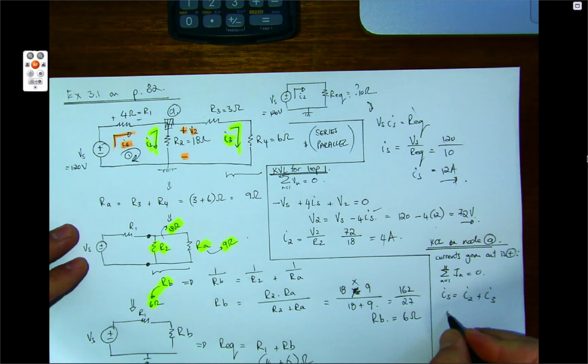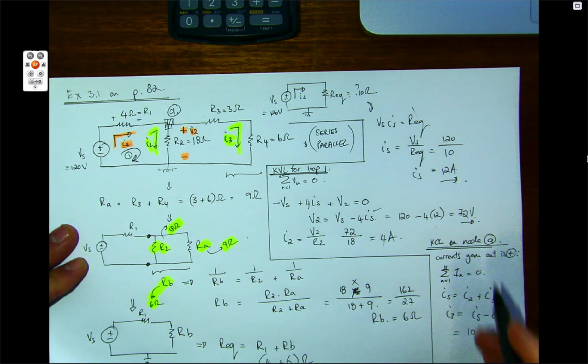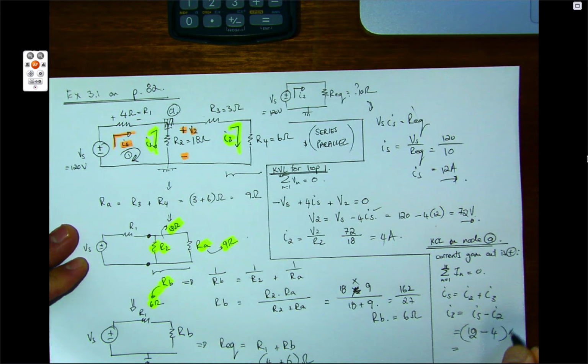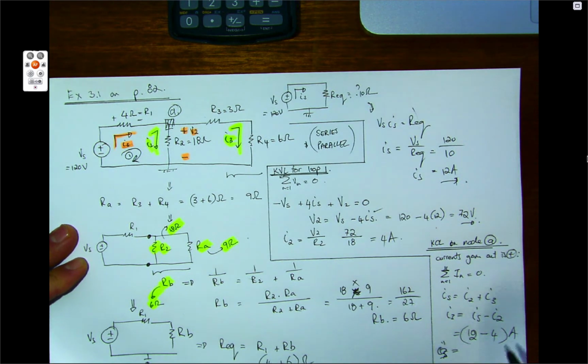So I3 should then be Is minus I2, and what is Is again? Is is 12, sorry guys. I3 is equal to Is minus I2.